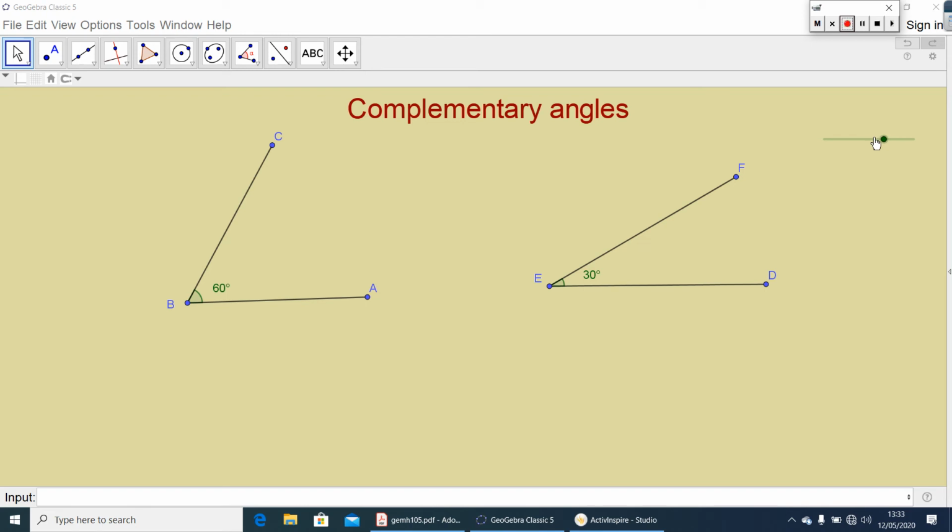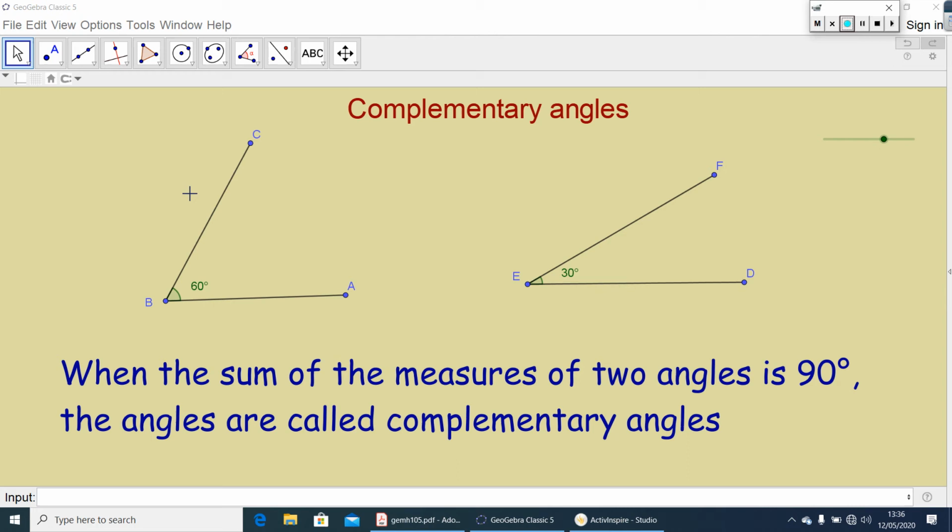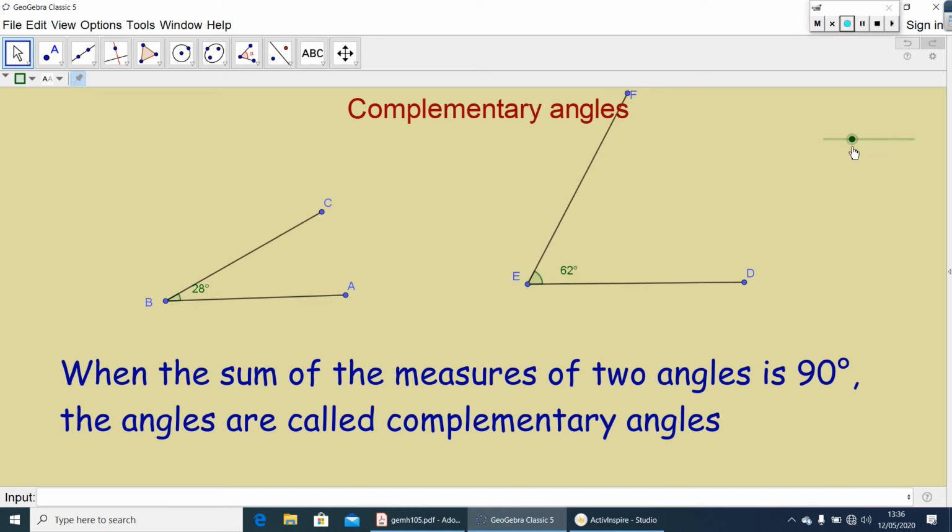So we can define complementary angles as: when the sum of the measures of two angles is 90 degree, the angles are called complementary angles. Here angle ABC and angle DEF, in all cases they are complementary angles.